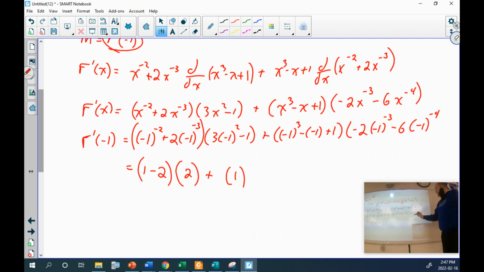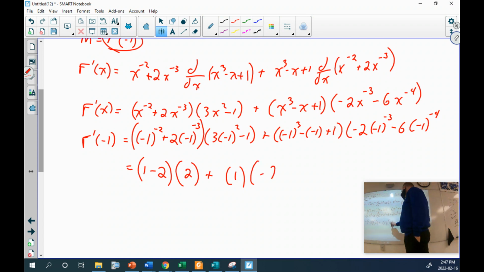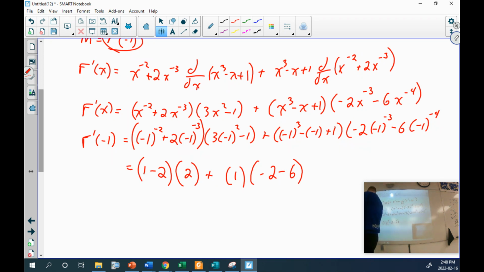So this becomes -2, this term here, and then -1 to the power of -4 is +1, so this becomes -6. -1 cubed is -1, I've got to change that. So we have -2 plus -4, and the answer is -6.